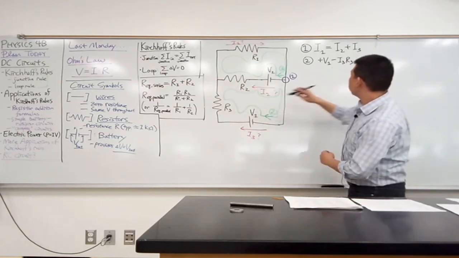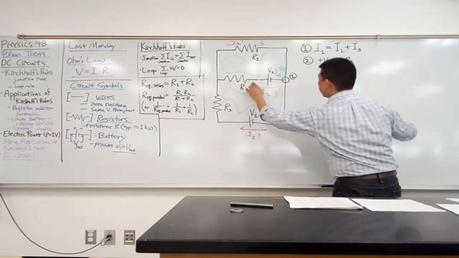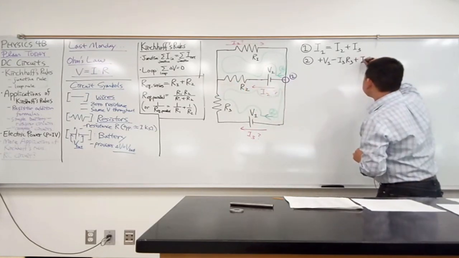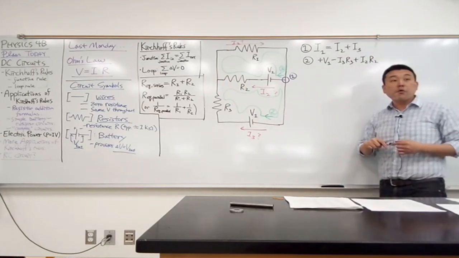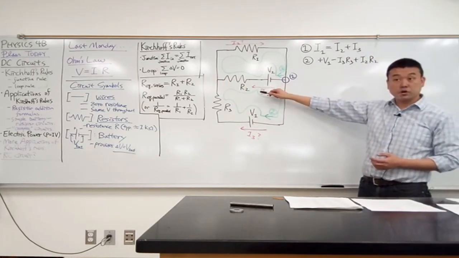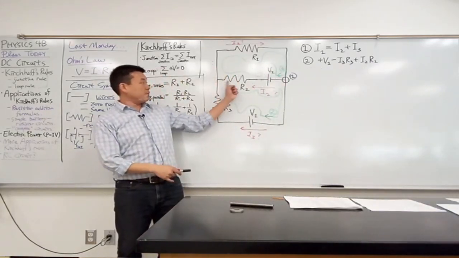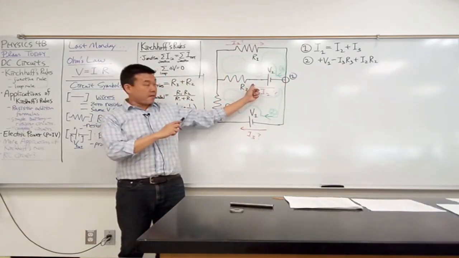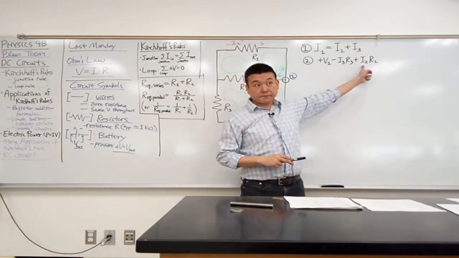So here, I would say, all right, if the current is actually going this way, I would say I gain the voltage of plus I2 R2, right? Now, suppose I was wrong about the direction of the current, and it actually would have been a voltage drop going from here to here. Then what that would mean is my answer for I2 would be negative.